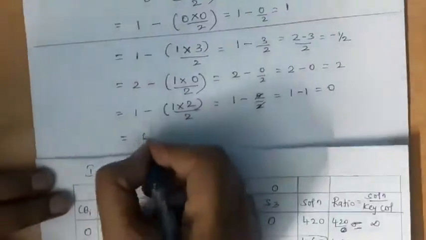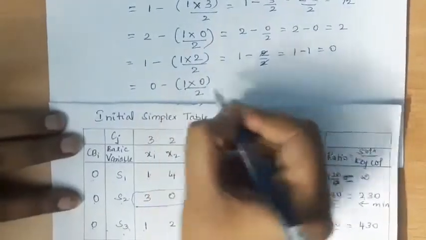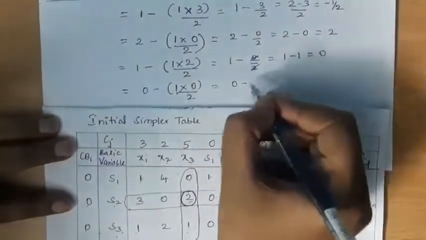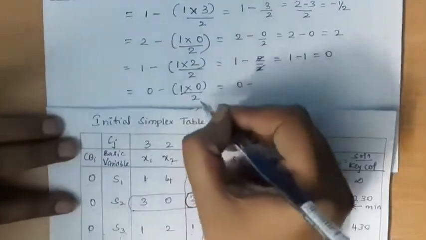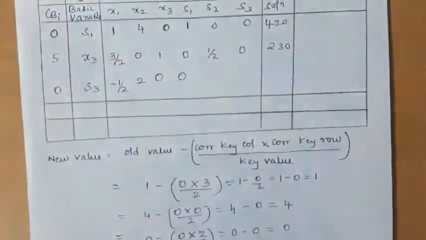Next, the old value is 0. 0 minus the corresponding key column value 1, into the corresponding key row value 0, divided by the key value 2. So 1 into 0 is 0, 0 divided by 2 is 0. So 0 minus 0, that is equal to 0. So update here 0.